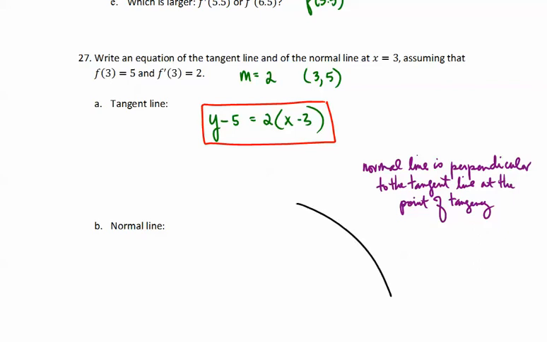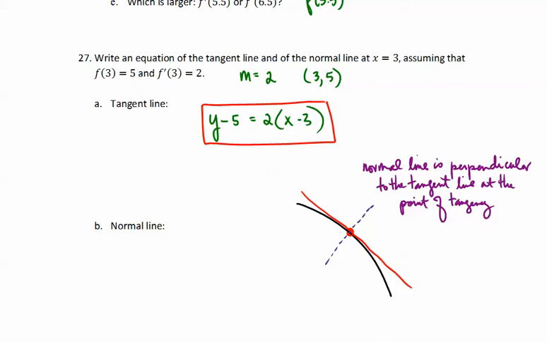If I have a graph that looks like this, its tangent line might look something like that at this point of tangency. Then the normal line would be perpendicular to the tangent at that point of tangency. And we know that perpendicular lines have slopes that are opposite reciprocals.